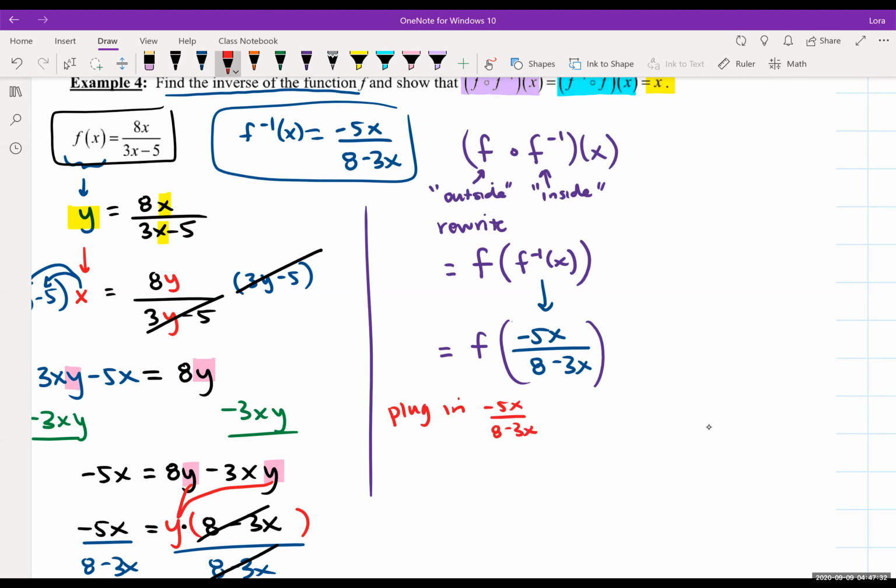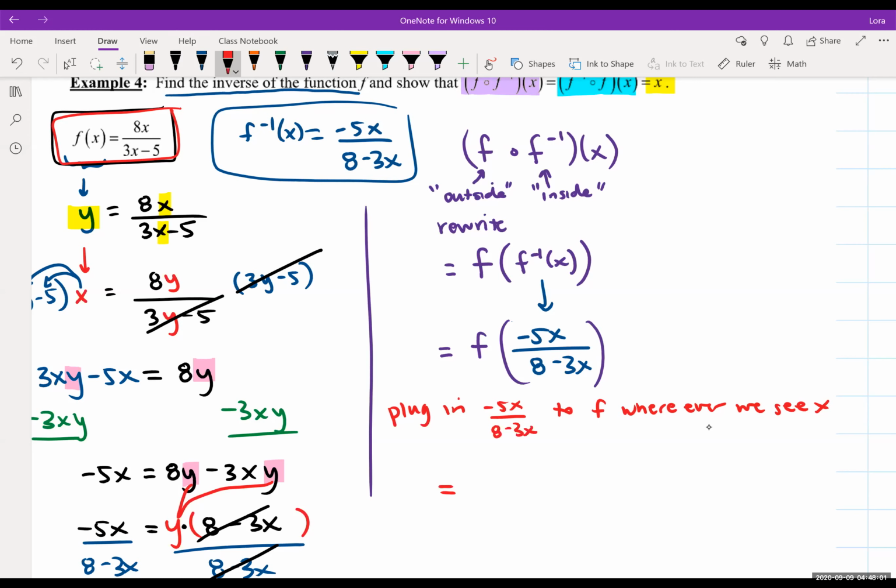Plug this into the f of x function wherever we see x. Okay, so remind ourselves what f of x is. We're finding f of negative 5x over 8 minus 3x.